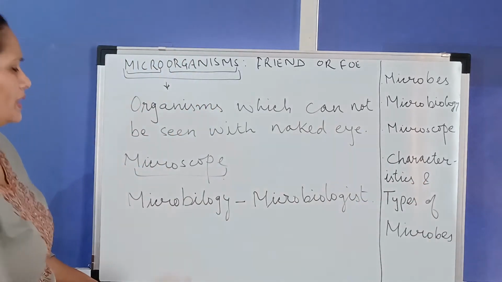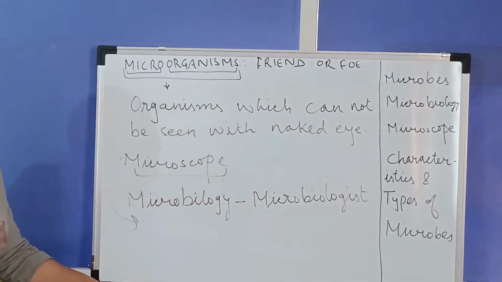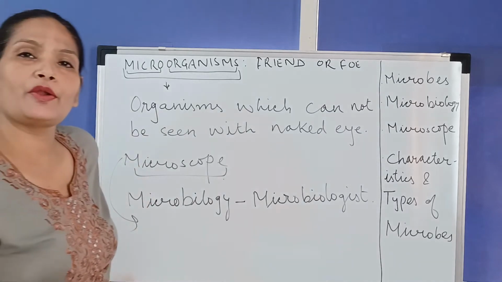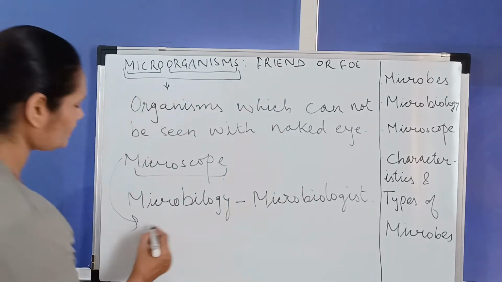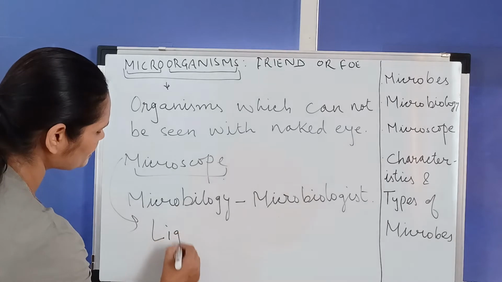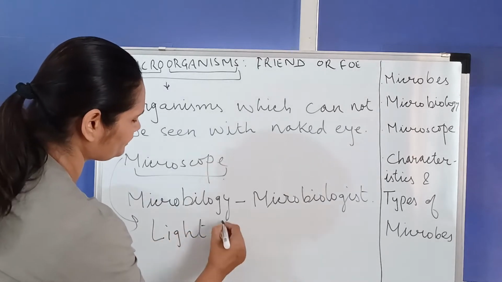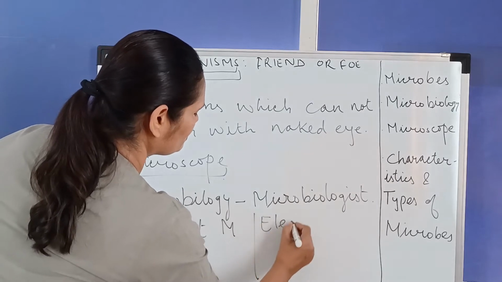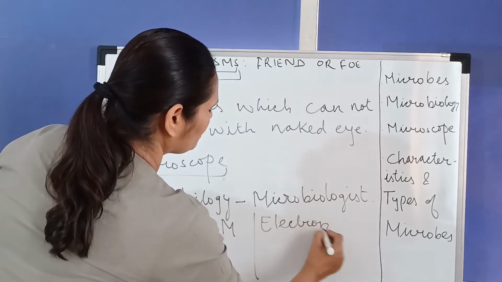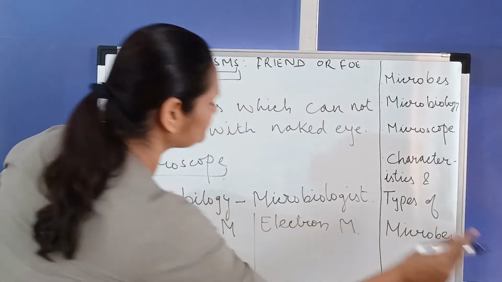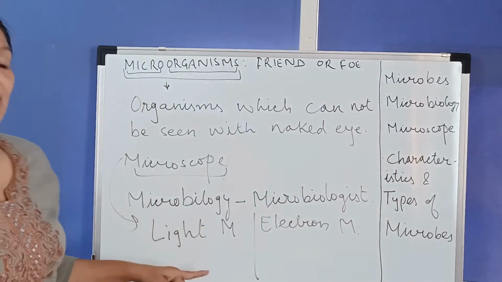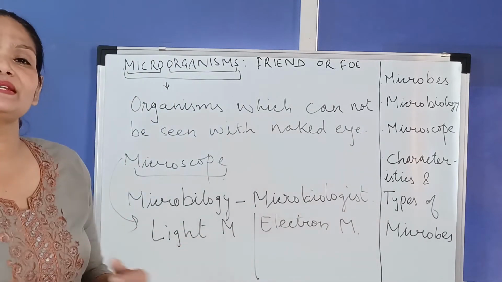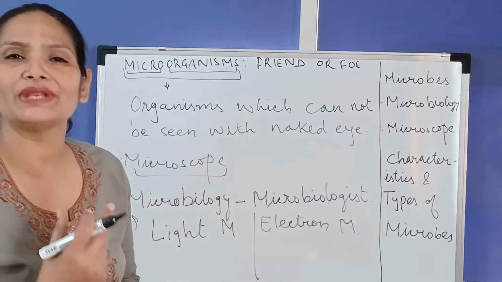Okay. Now let's come to the microscope. Microscopes are of two types. One is the light microscope and the second one is the electron microscope. The light microscope uses light as a source for illuminating the object.